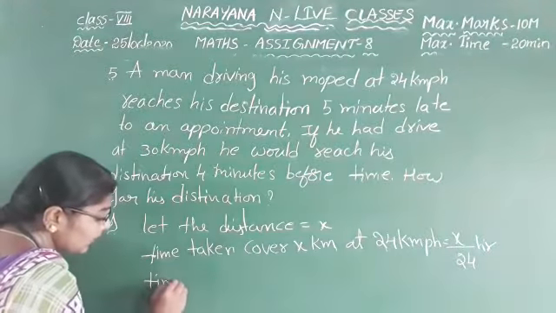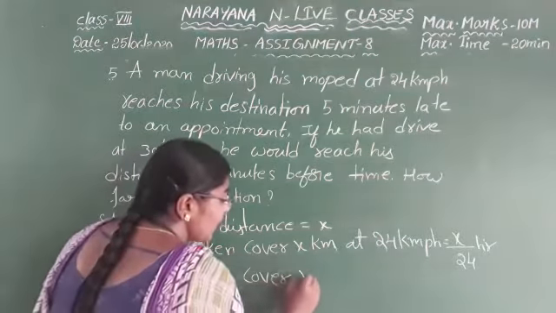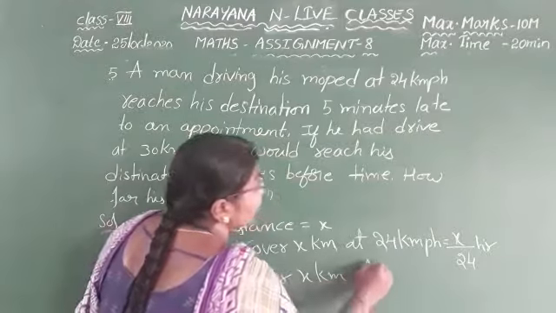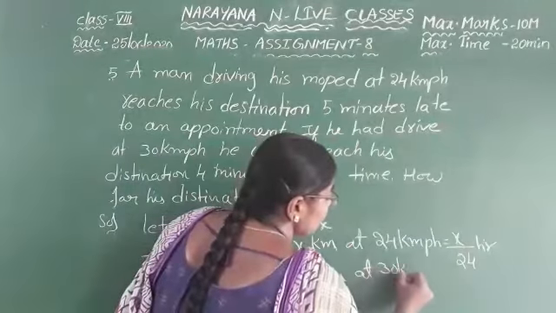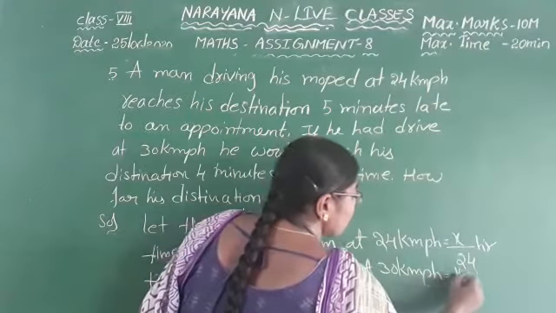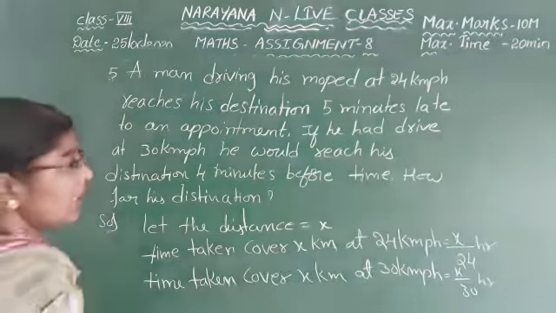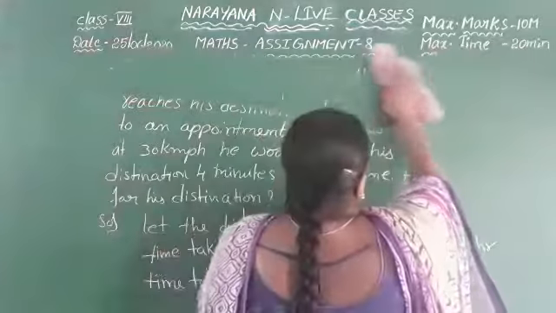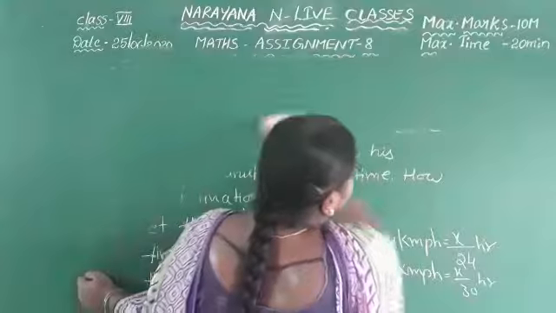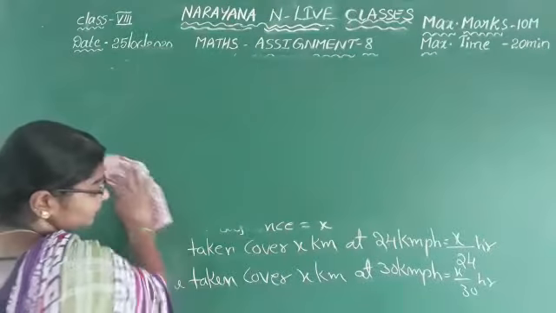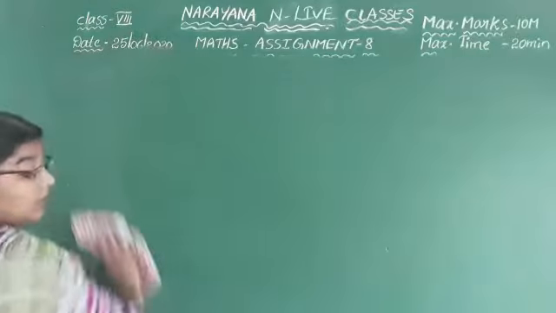And next, the time taken to cover x kilometers at 30 kilometers per hour is x by 30.